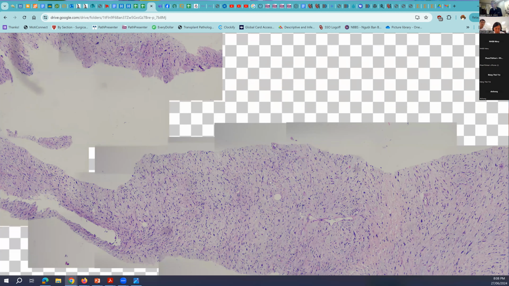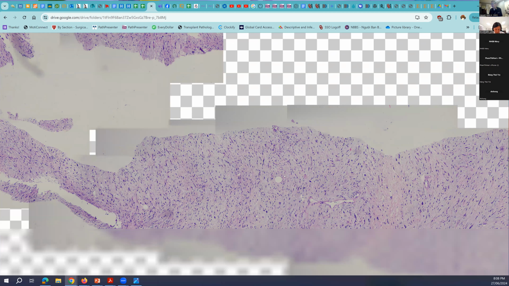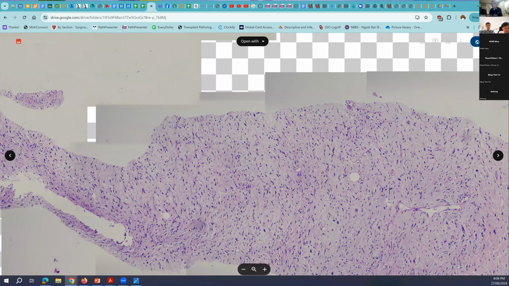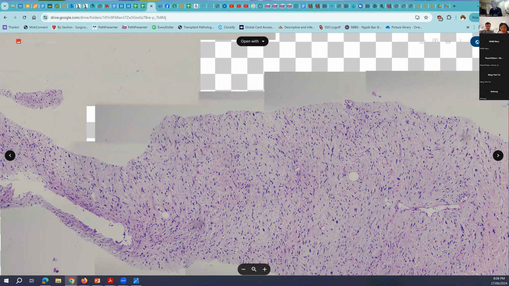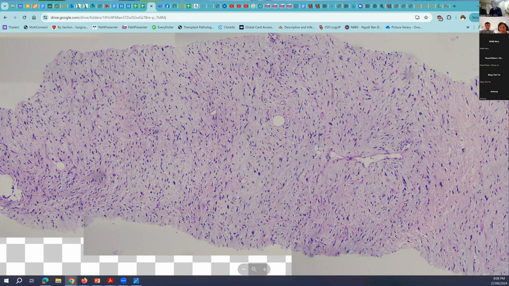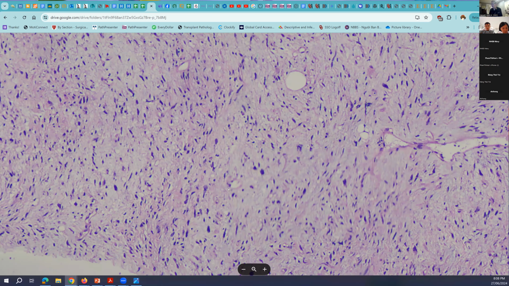And so we don't see any thick-walled vessels. We see a few very thin vessels, maybe a little bit of fat, and some myxoid substance. And then the atypical cells here have somewhat variable nuclei and a spindly background with a little bit of myxoid tissue.